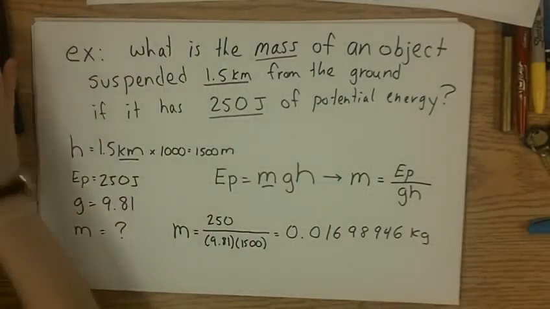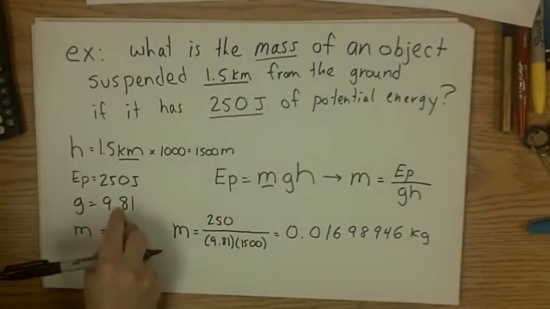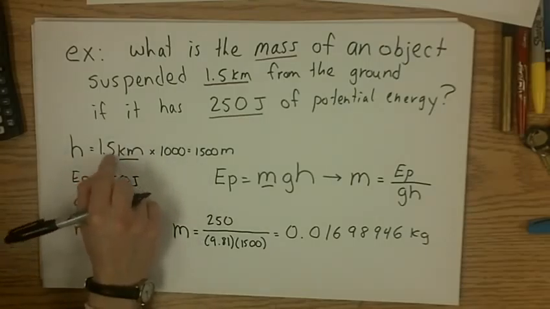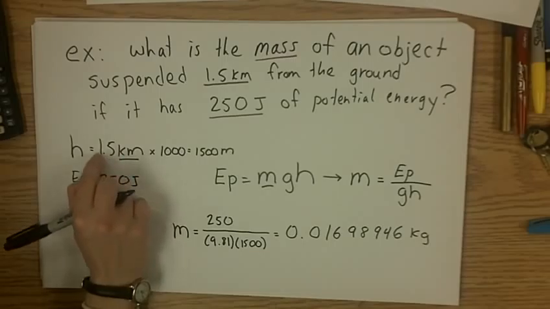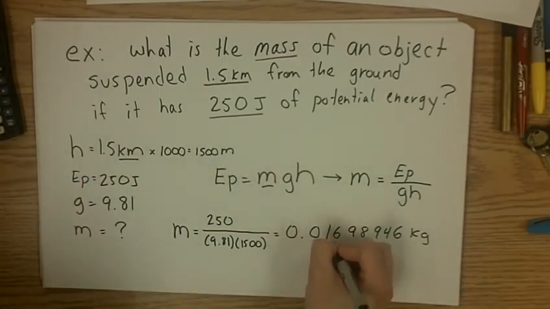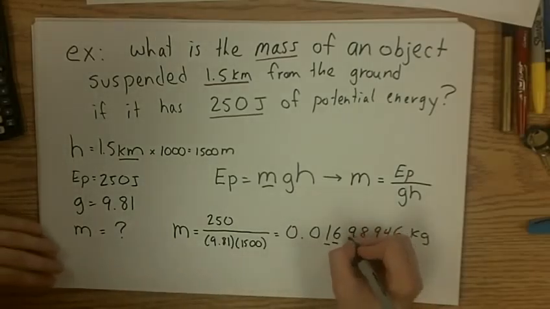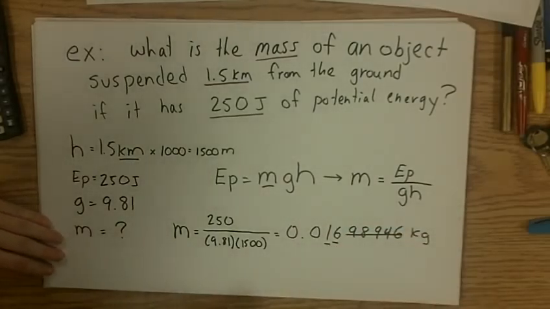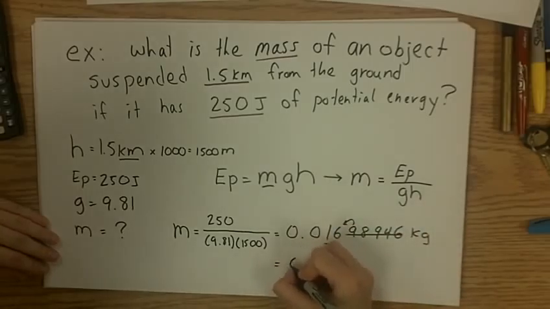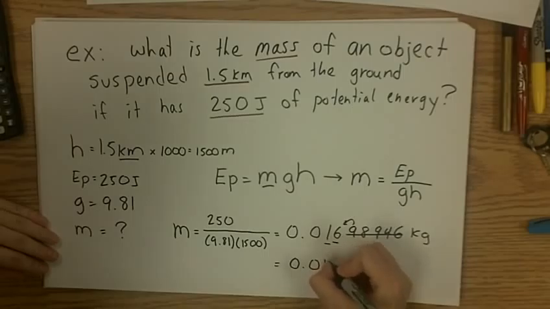But since my numbers have 3 significant digits, 3 significant digits, and 2 significant digits, my answer is only allowed to have 2 significant digits. So the first 2 significant digits can stay, the rest have to go. The 9 greater than 5 rounds the 6 up, so we get a mass equal to 0.017 kilograms.